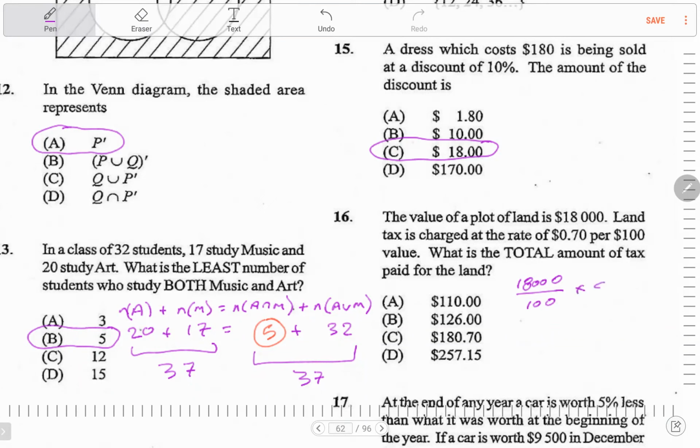It's times $0.70. This is for the calculation. You did this question already. The answer was 126. You worked it out already. Let's not waste time. 126. All right.